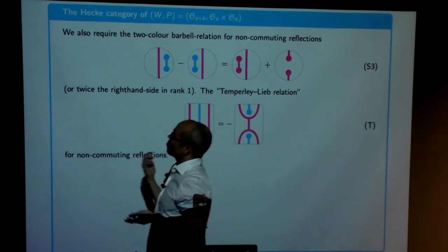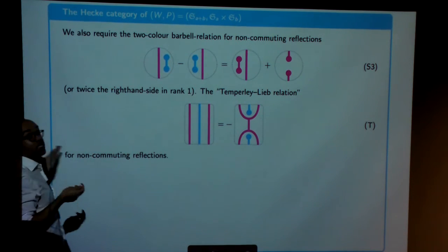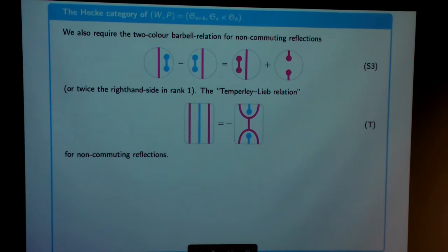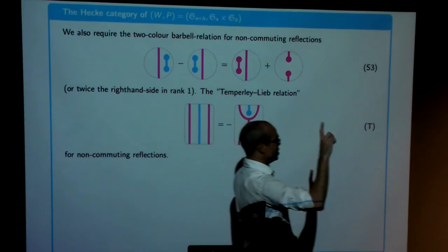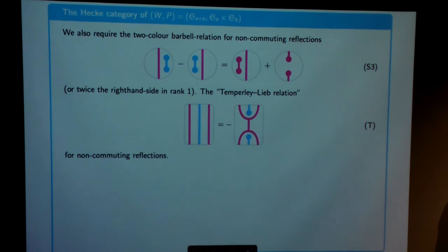I'm not going to really explain that, but if you think about this picture that Ben highlighted, it's obvious, because what you end up with is a partition which has pink, blue, pink in it.